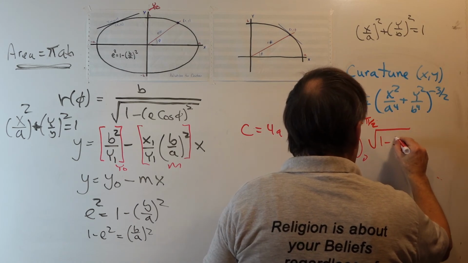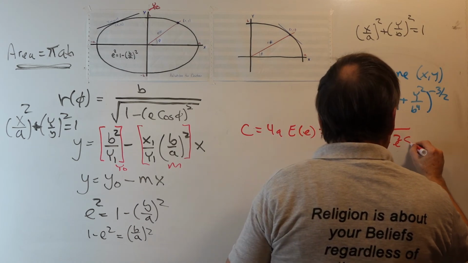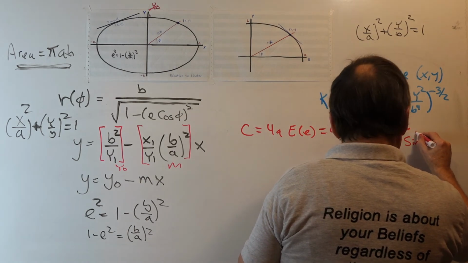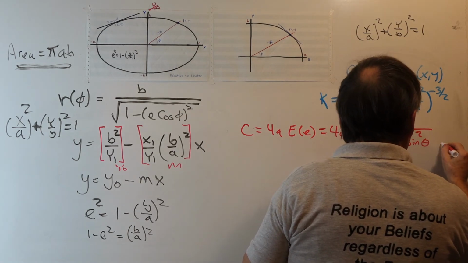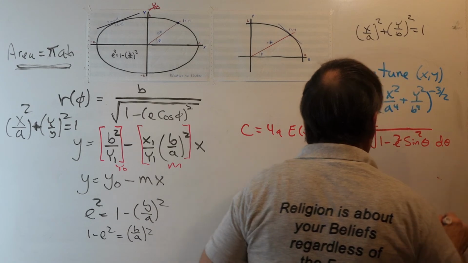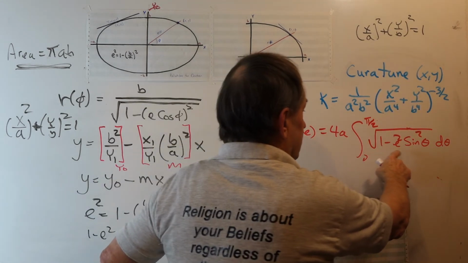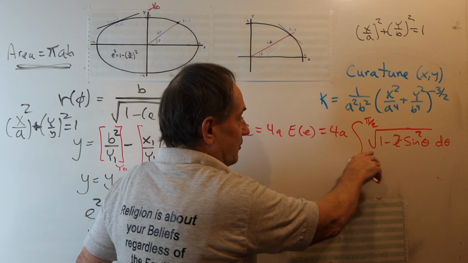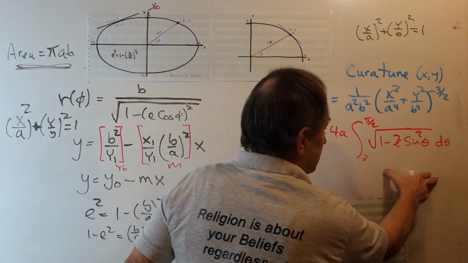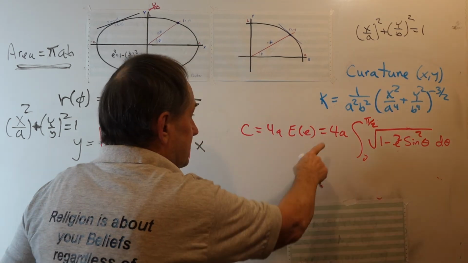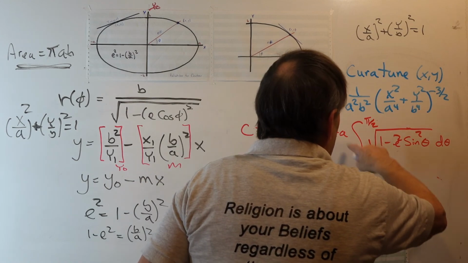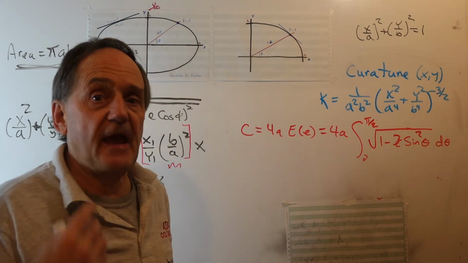This cannot be integrated out in closed form. It's a tabulated function called the complete elliptic integral of the second kind. The complete elliptic integral of the first kind is when the square root is in the denominator. So this is a complete elliptic integral of the second kind, and it's a tabulated function.